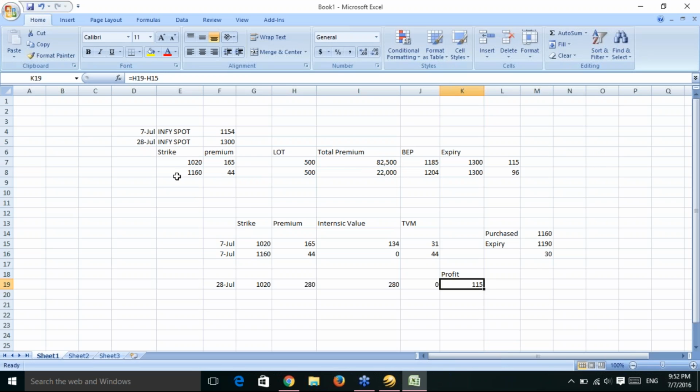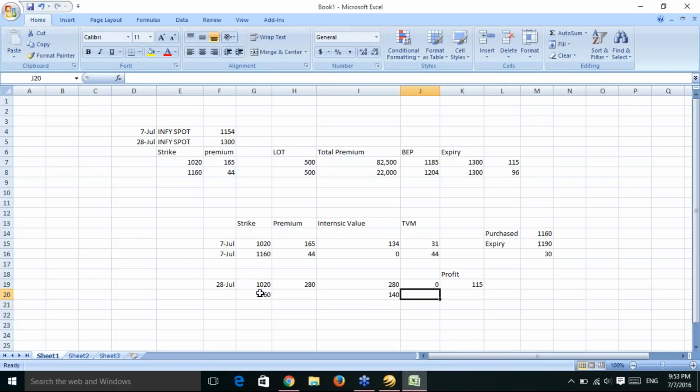Now, if we talk about the second strike price, 1165, I'm deciding to buy at 1160, and if the market goes to 1300, in that situation, I'll make a profit of 96. Why? Because the price went higher. What will be my intrinsic value? This is my strike price, and my intrinsic value is the spot minus the strike, 140.